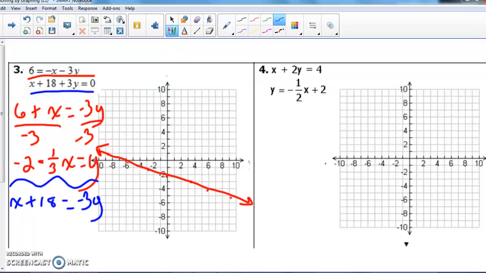Okay, then go ahead and divide both of those sides by negative 3 to get y by itself. So I'd end up with negative 1/3 x minus 6 equals y. So this y-intercept is at negative 6. This slope is down 1 to the right 3.